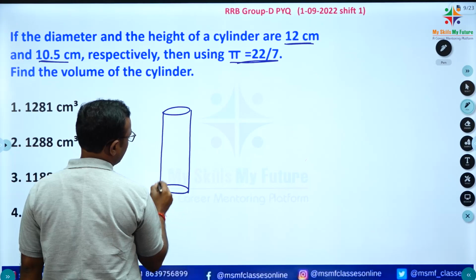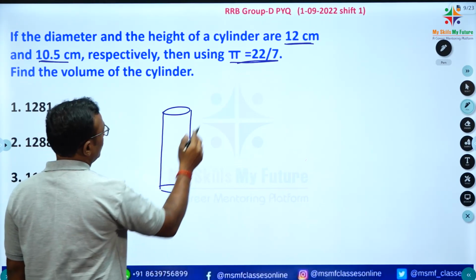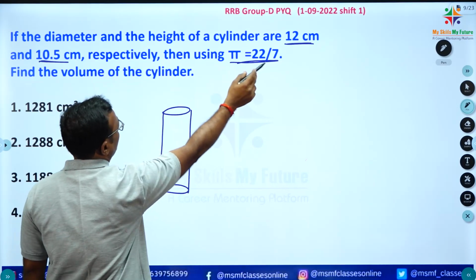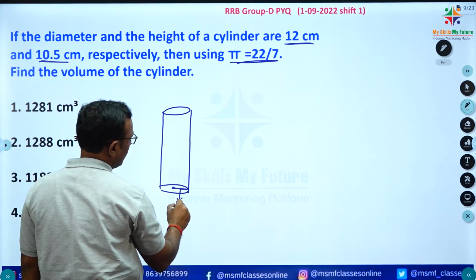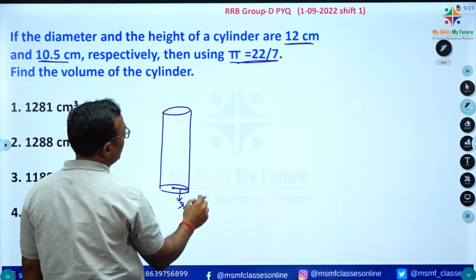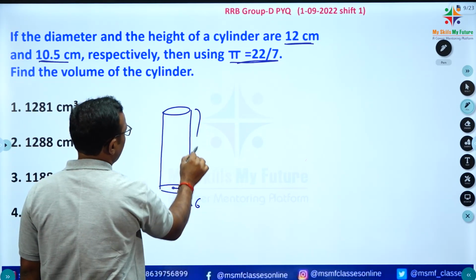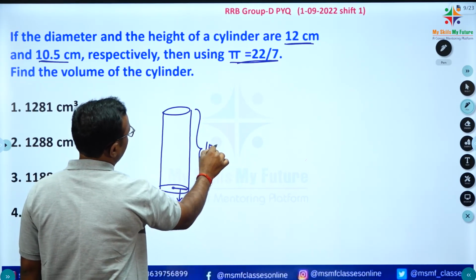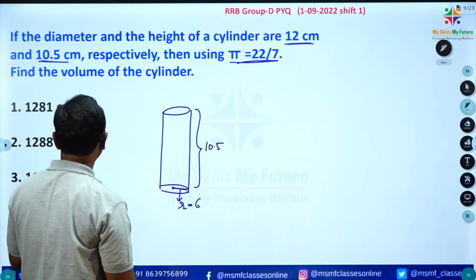Okay, right. So diameter is given as 12 centimeters, then radius r is equal to 12 by 2, we get 6. Radius is equal to 6. And height is given as 10.5.